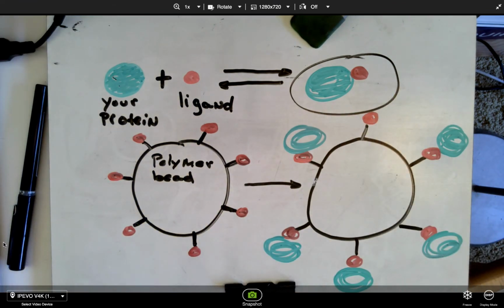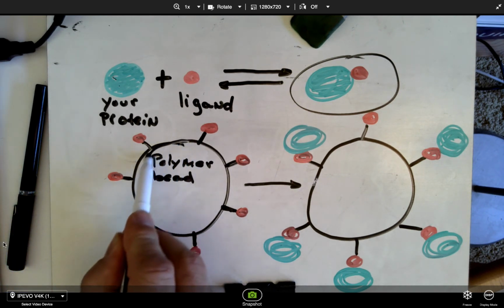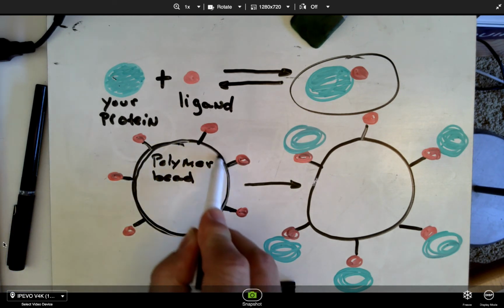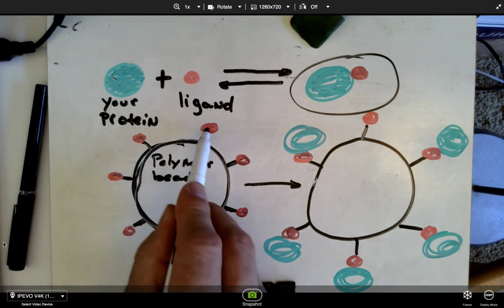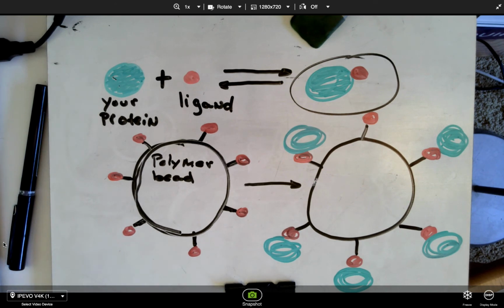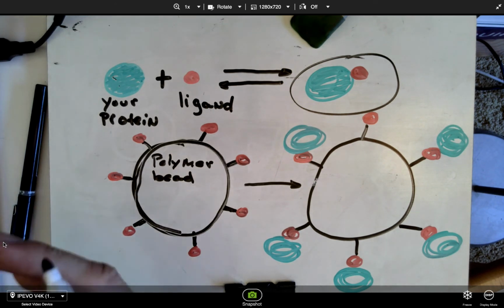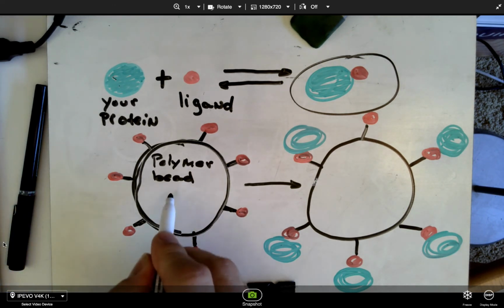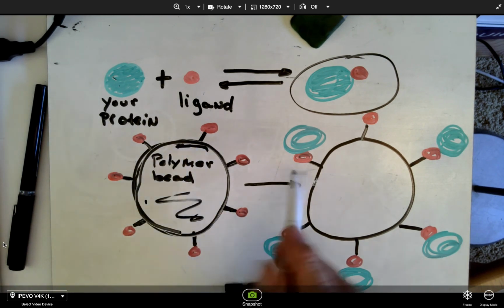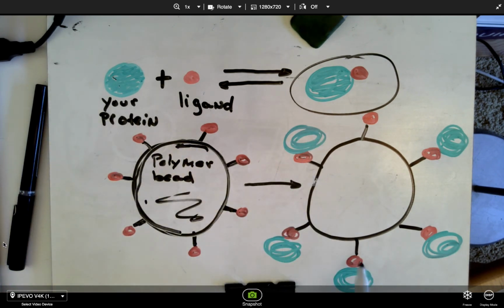And so what we do is we take advantage of this and we engineer these polymer beads, so these big gray spheres that are covalently bound to the ligand that we know your protein binds to. And so when we run that protein sample through the column that has all of these polymer beads, your protein of interest will bind to the ligand, which is bound to the beads.